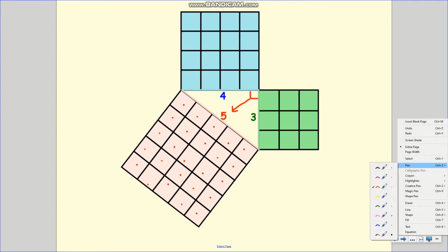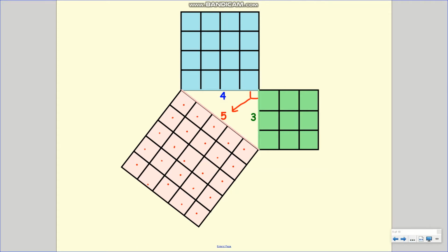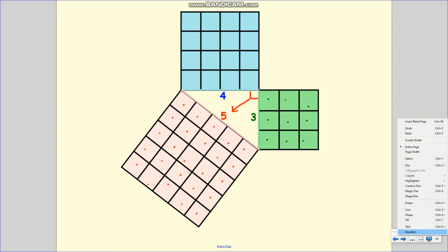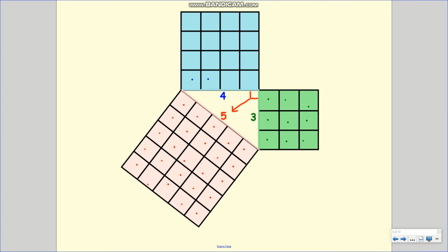Alright, if I square the other two sides, I've got a side of 3, so that's going to be 1, 2, 3, 4, 5, 6, 7, 8, 9. And then I've got another side which is 4, so that's going to be 4, 8, 12, 16. Now obviously normally when we do Pythagoras Theorem, we don't actually draw out the squares and count the boxes.